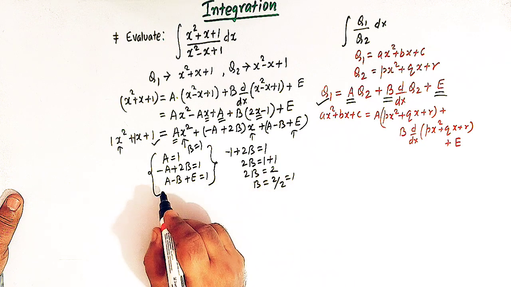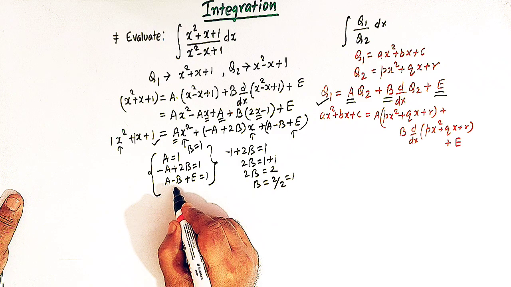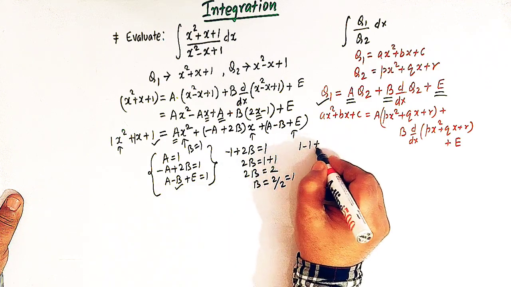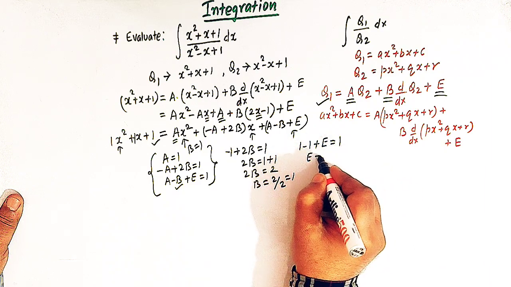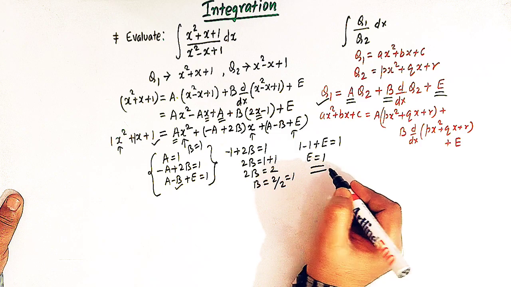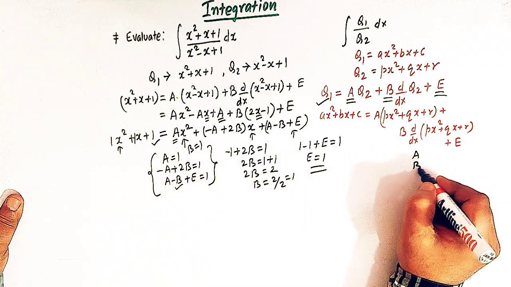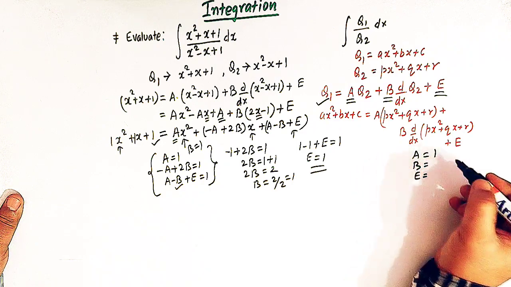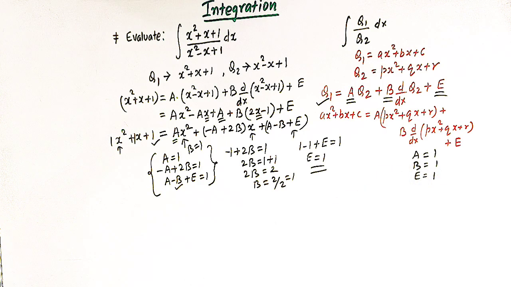And now taking the values of a and b in the third equation we have 1 minus 1 plus e is equal to 1. So this is 0, so we have e is equal to 1, right? So we have obtained the values of a, b and e as 1.